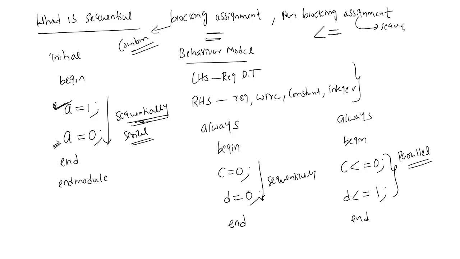Why? Because in combinational circuits, if there is any change in the input, the output will change. For sequential circuits you use non-blocking assignments. You can't combine both blocking and non-blocking. Is it fine? Okay, yeah.